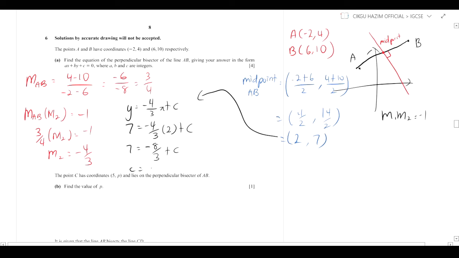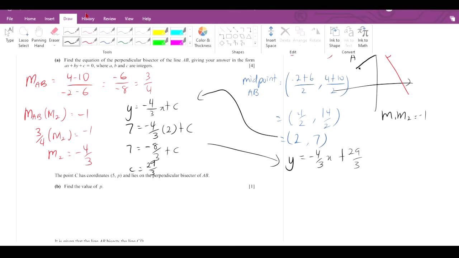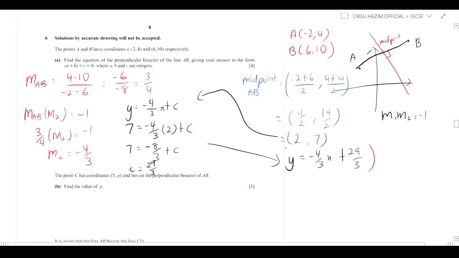Sorry, it's a bit small there. I'm continuing over here. That means y equal to negative 4 over 3 x plus 29 over 3. We want to rewrite in terms of ax plus by plus c, multiply everything by 3 and move everything to the left. So we have 3y equal to negative 4x plus 29. Move everything to the left side. We're going to have 4x plus 3y minus 29 equal to 0.